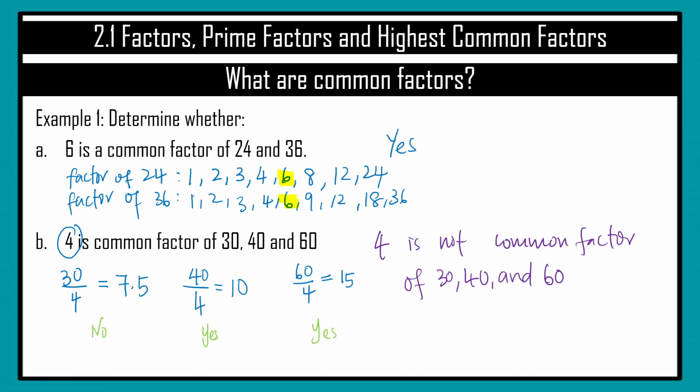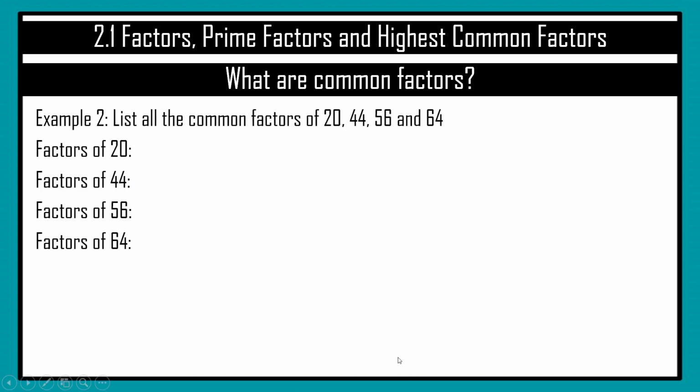So we got two methods. Number one, you list out all the factors. Number two, you divide the number we want to check into the numbers in the list. As long as there is one no, then it is not a common factor.